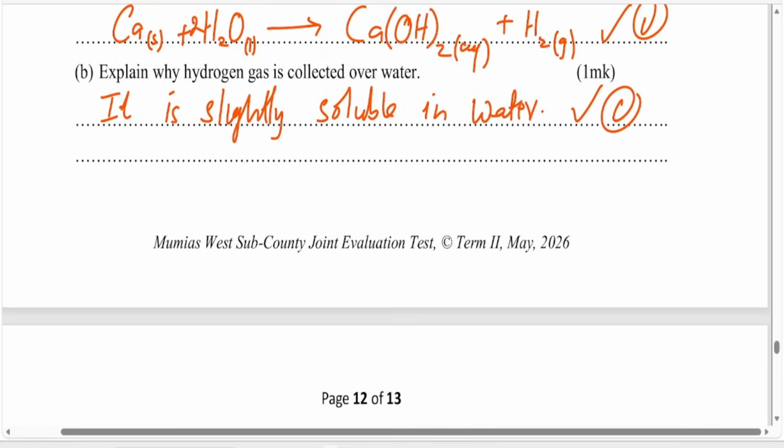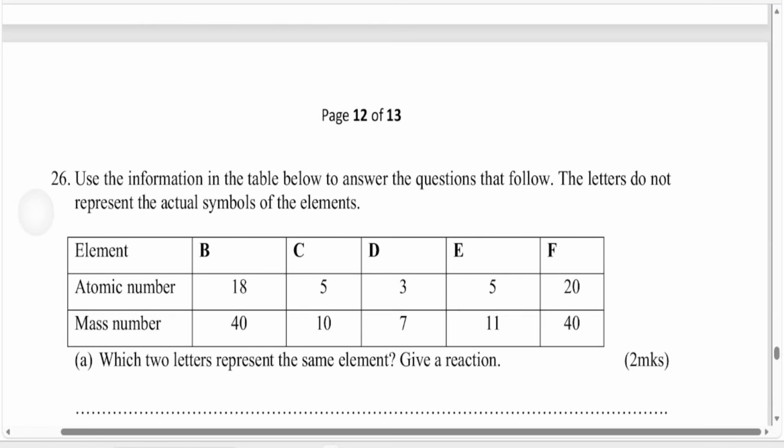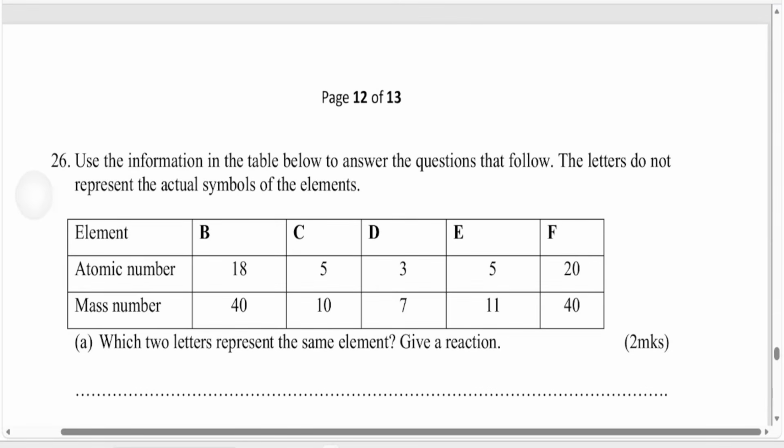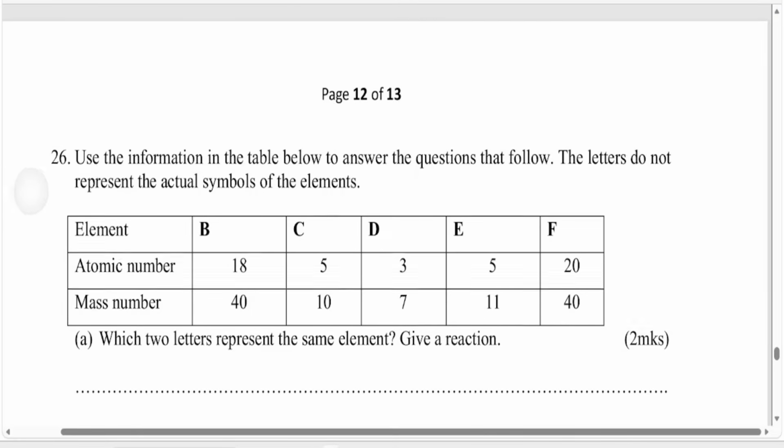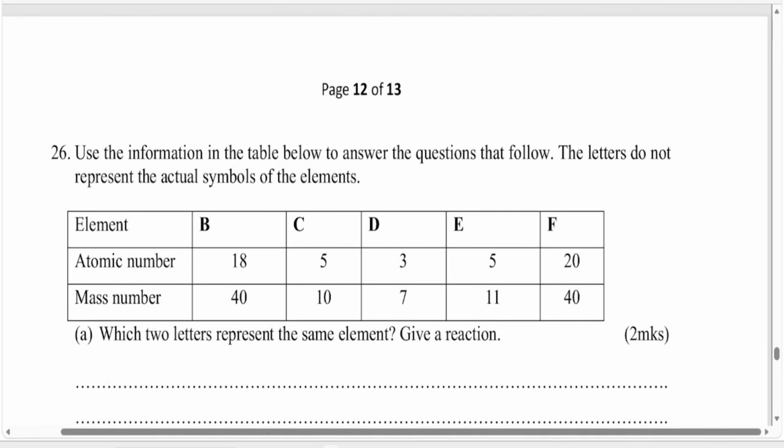Moving to the next question, number 26. Use the information in the table below to answer the questions that follow. The letters do not represent the actual symbols of the elements.